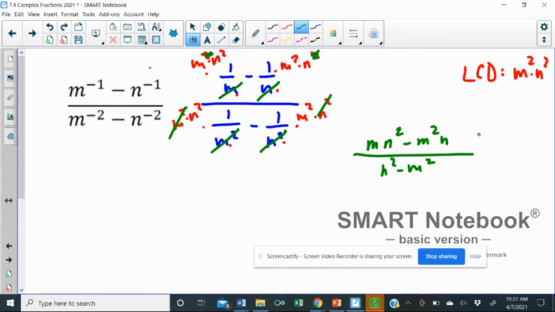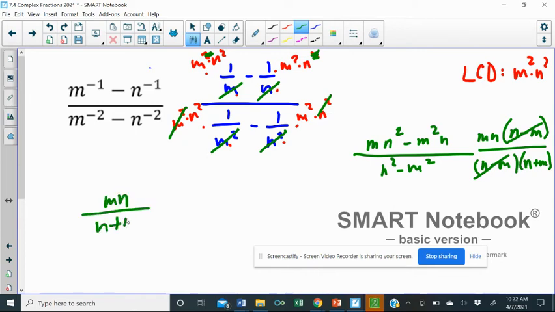Numerator, I can take out an M and an N, and I'm left with N minus M. Denominator, N minus M, N plus M, bye-bye, and M N over N, where they both can't be 0.